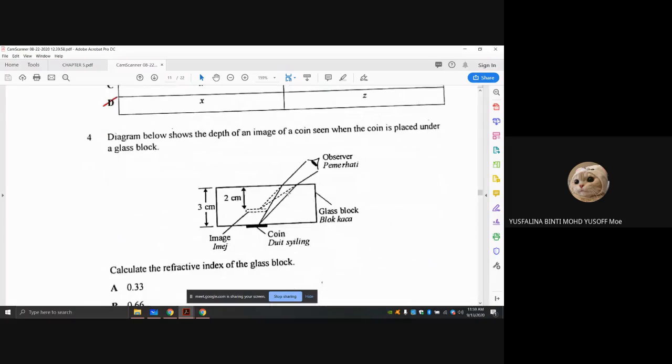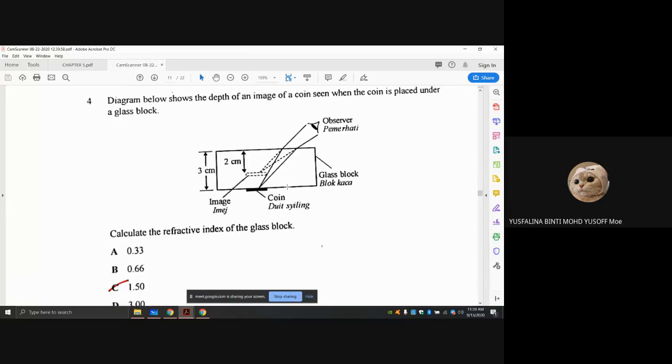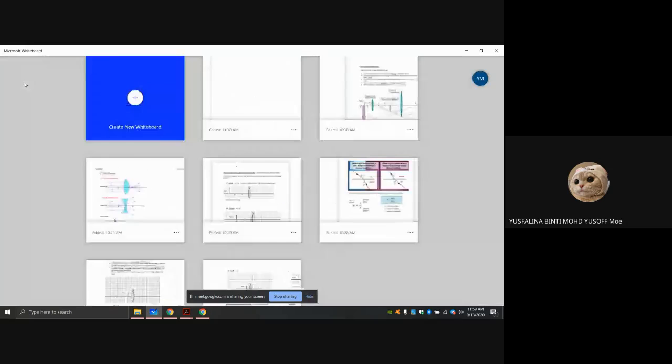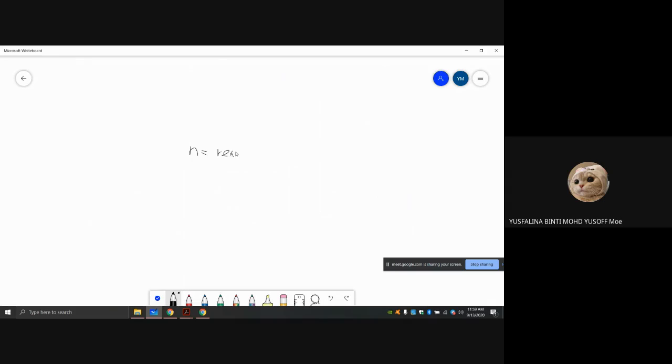Right, for the next question, the diagram below shows the depth of an image of a coin seen when the coin is placed under a glass block. Calculate the refractive index. For this one we use the formula: n equals real depth divided by apparent depth. I just use shorthand here.